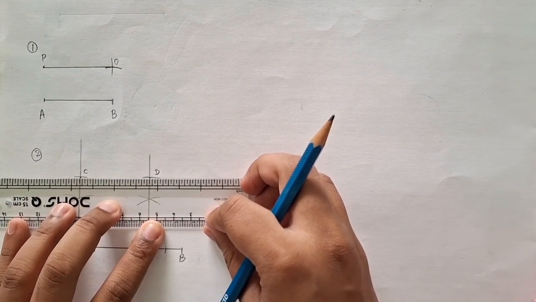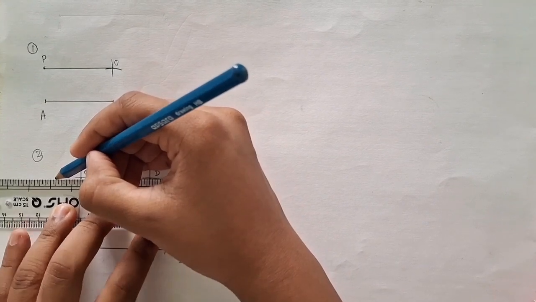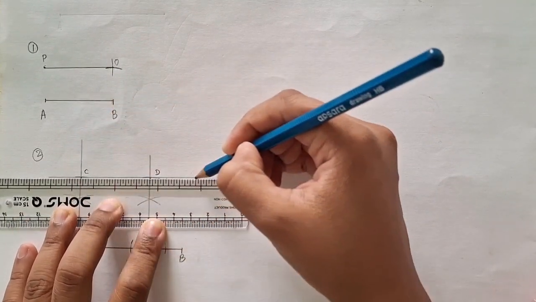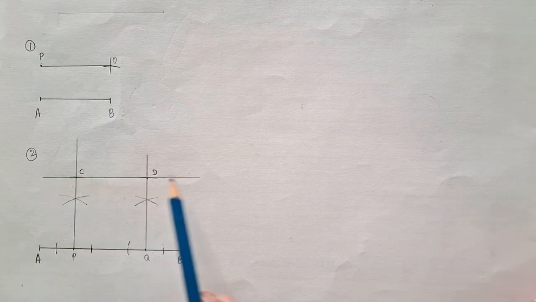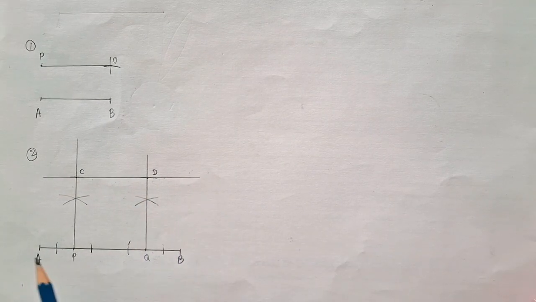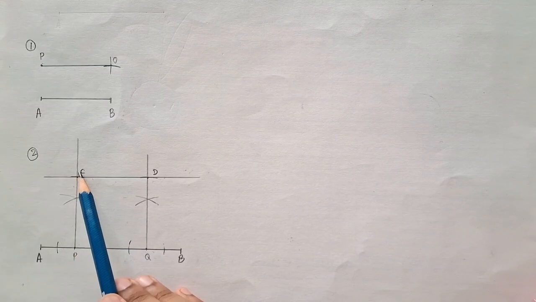Now join the points C and D. So this is the line which is parallel to AB and it is present at a distance of 4 cm from line AB.